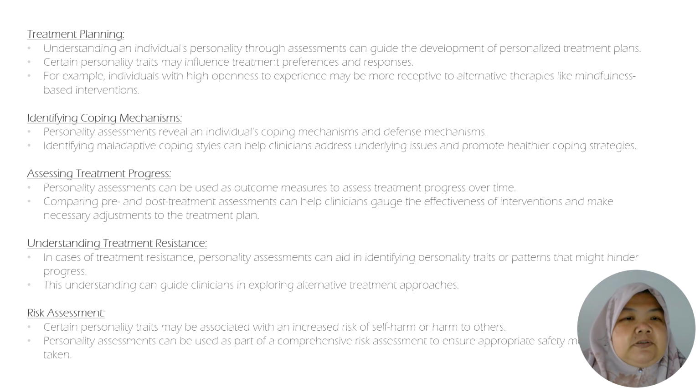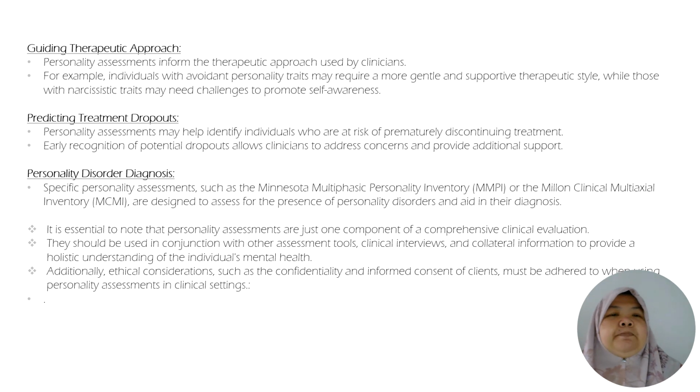The next one is guiding the therapeutic approach. If they do not need any medication, the psychiatrist can refer back to us, and then we can plan the best therapeutic approach for our clients, and predict treatment dropouts.